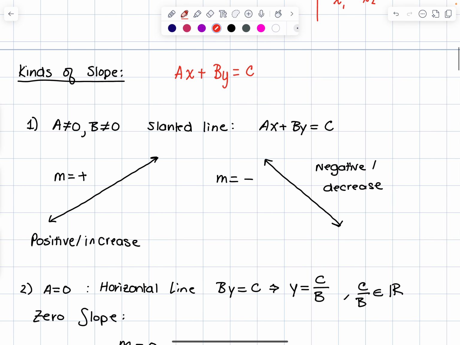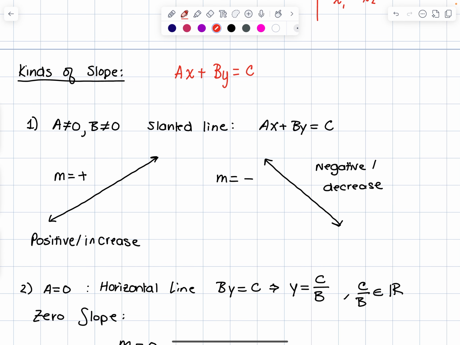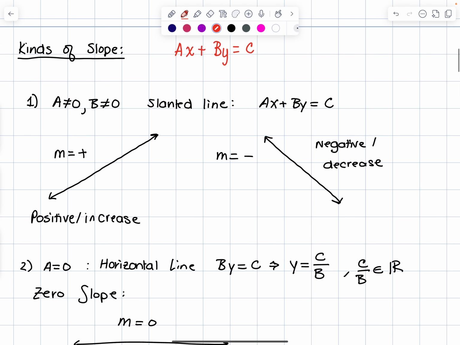So the first case that we'll have is when a is not 0 and b is not 0. So both of them are numbers. So we will have an actual equation, and it's going to be a slanted line depending on the way that the slope is. So if the slope is positive, it's going to grow like this. So it grows in a positive manner.